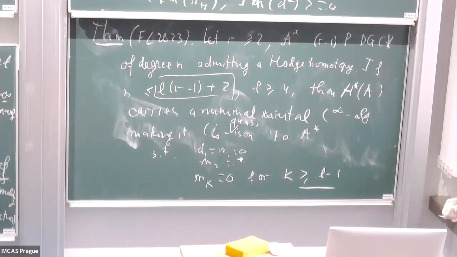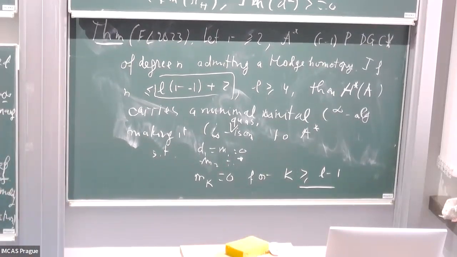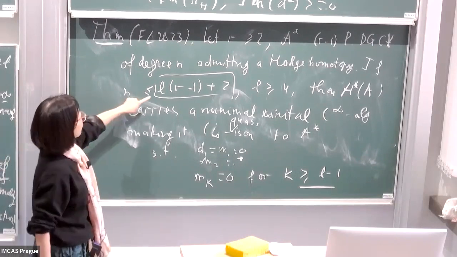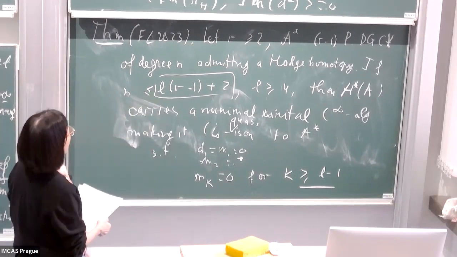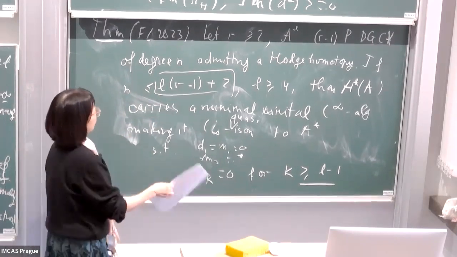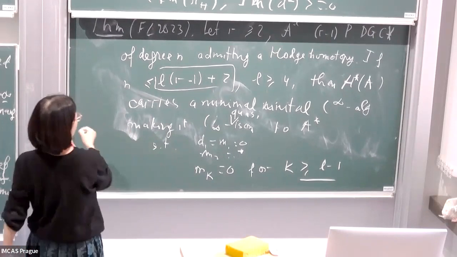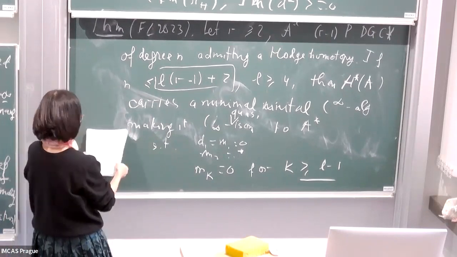Okay, so can you just comment again on these constants R and L and the relation to the dimension? So that's n. For example, n equals 4.